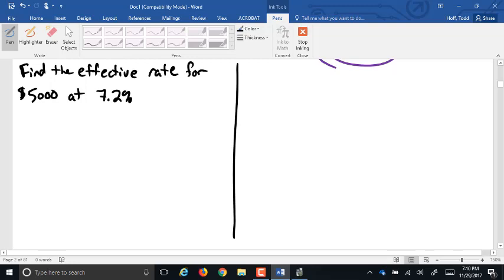So find the effective rate for $5,000 at 7.2%, compounded quarterly for 3 months.